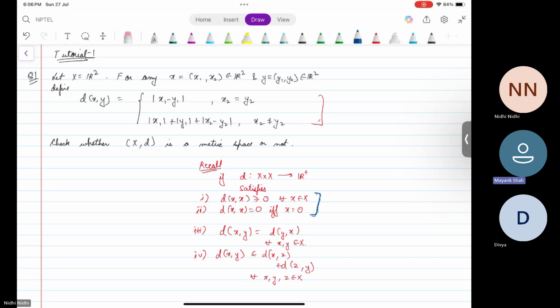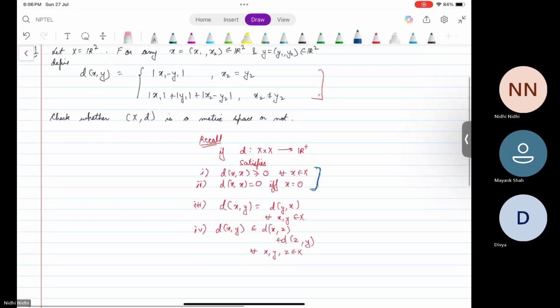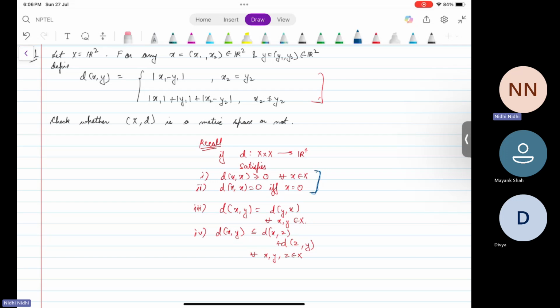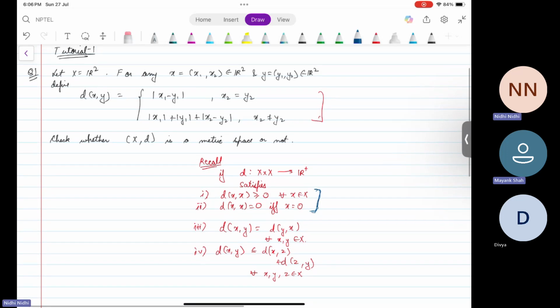I guess he combined the third one and the fourth one. How can these two be combined? Anyways, these four conditions were there, no? Yeah, indirectly. I've just split them so that you can see it in more detail. Okay, ma'am. Thank you.